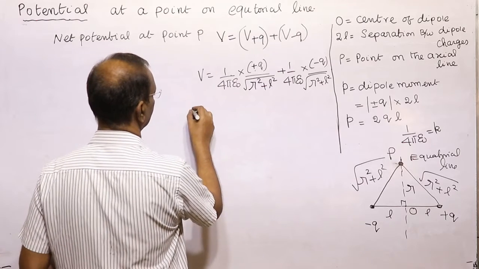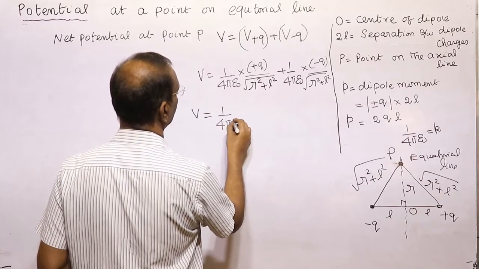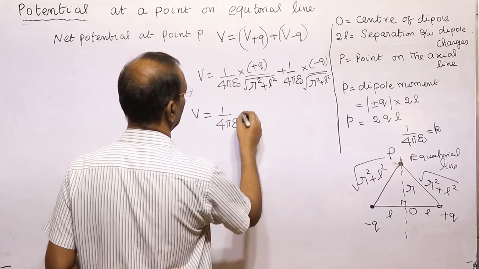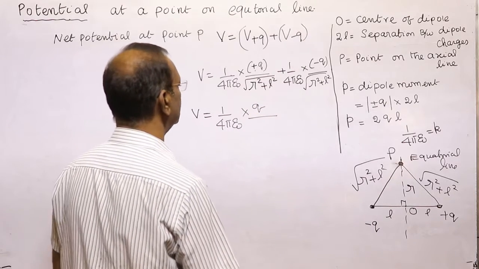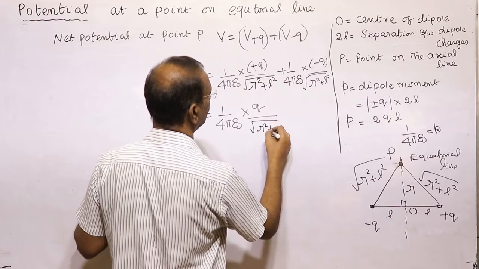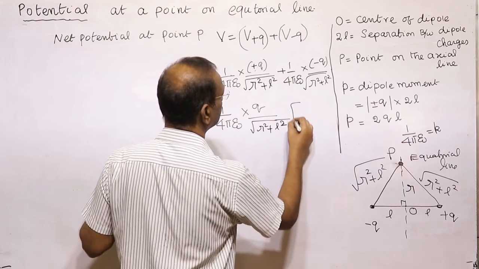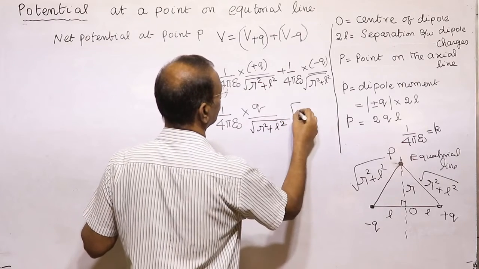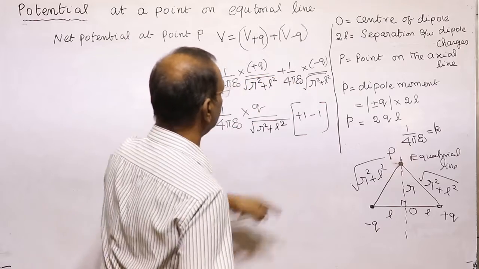If we take 1 by 4 pi epsilon naught outside, the charge outside, and the square root of r square plus l square outside, this becomes plus 1 minus 1, because one is plus and the other is minus.